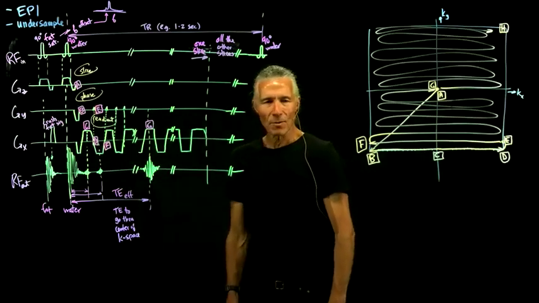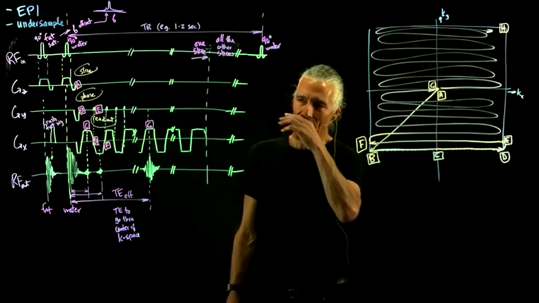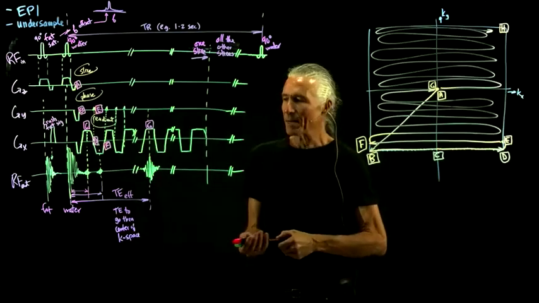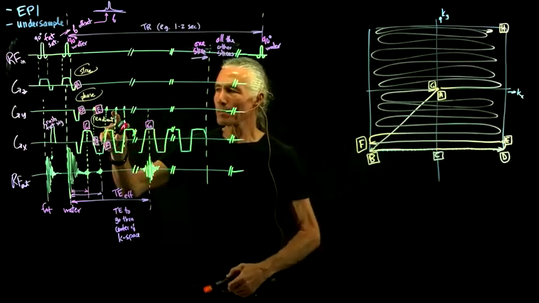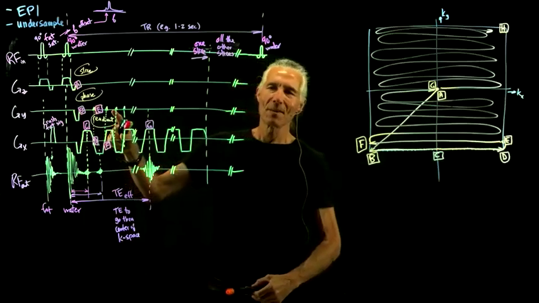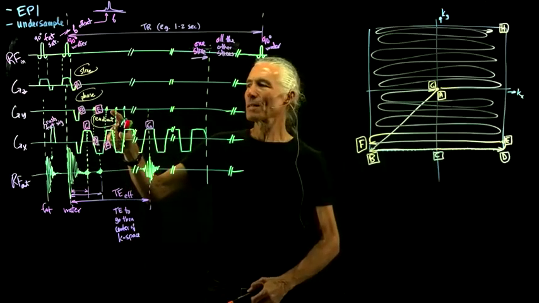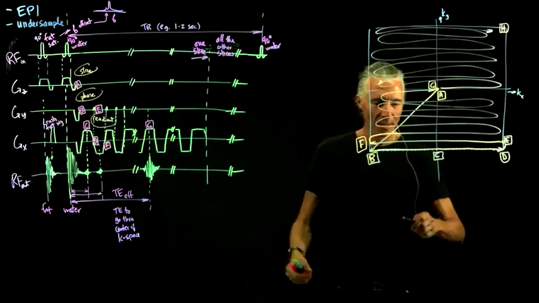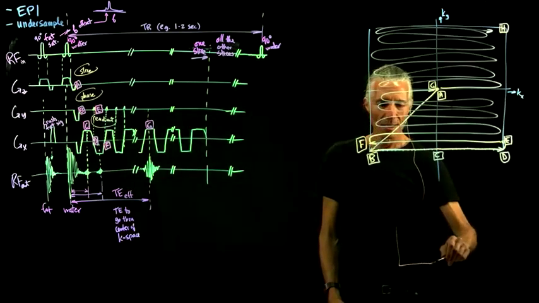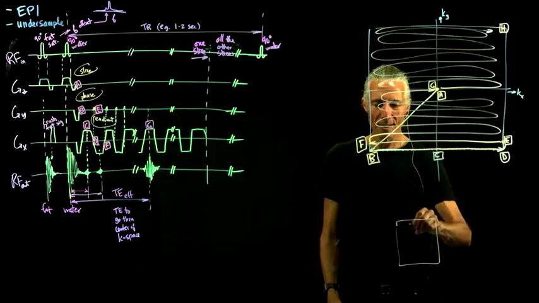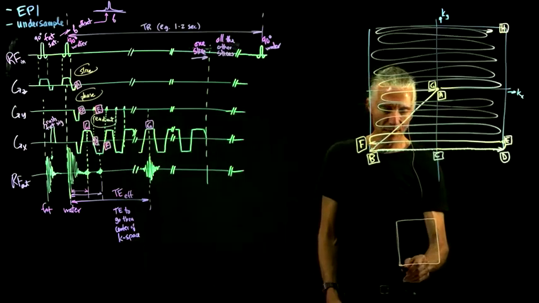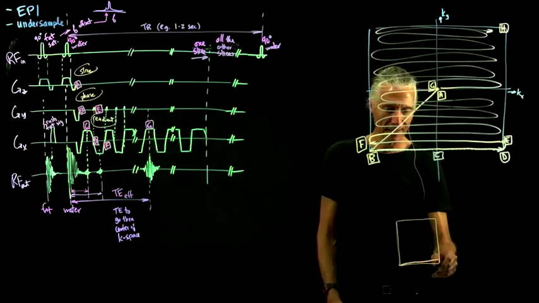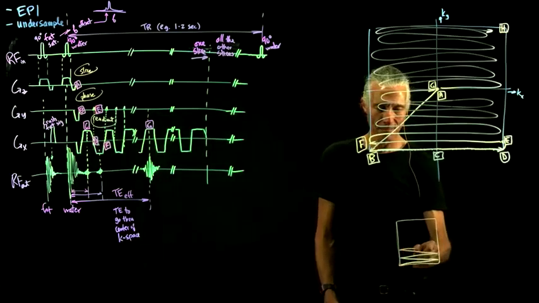So what was the reason? This method is an old method. The very original one didn't have blips because the amplifiers weren't quite snappy enough. So what they did in the original one was just turn the phase encode gradient on continuously, and you'll do a zigzag across k-space like that.